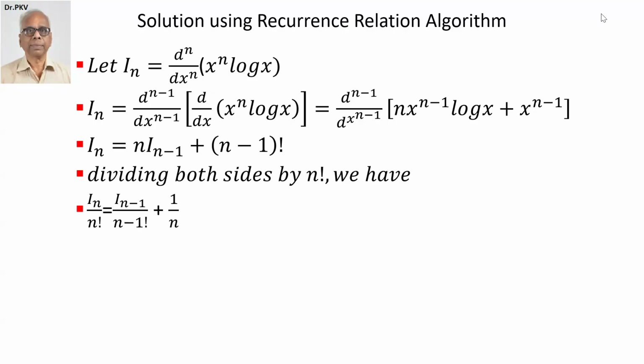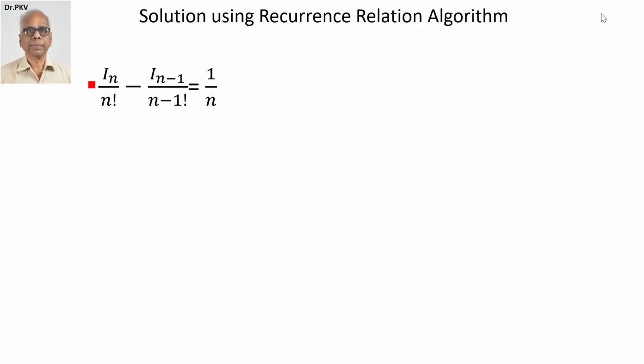Before I repeat it, I arrange it, bringing the expression of I_(n-1) divided by (n-1) factorial to the left-hand side. So I_n divided by factorial n minus I_(n-1) divided by factorial (n-1) is equal to 1 by n. This is what I get.